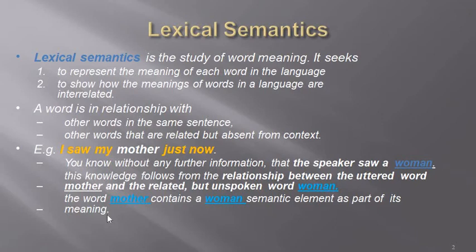So the word mother has a relationship with woman, because without speaking the word, the listener can think of the word related to the main particular word uttered by the speaker.